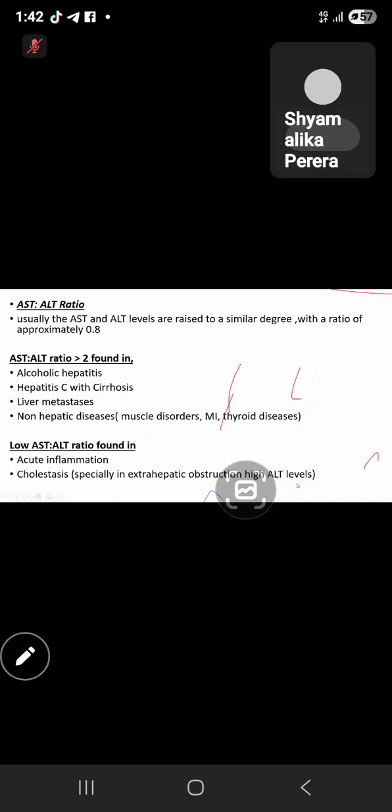But if you observe an AST to ALT ratio more than 2, that means your AST level is much higher than the ALT level. You can observe this type of ratio in alcoholic hepatitis, hepatitis C with cirrhosis, liver metastasis, that means cancer situations, and non-hepatic diseases like muscle disorders, myocardial infarction, and thyroid diseases. Those are the conditions where you can have an AST-ALT ratio more than 2.